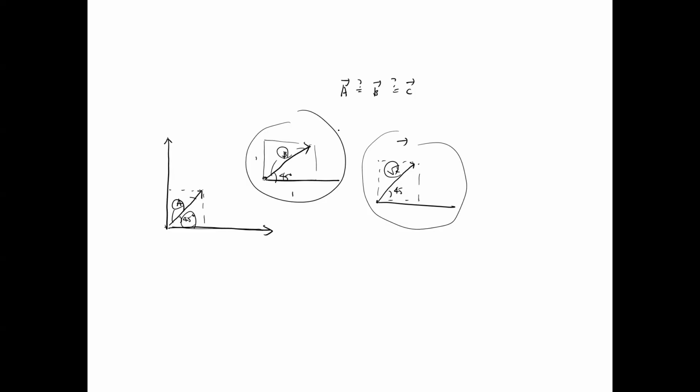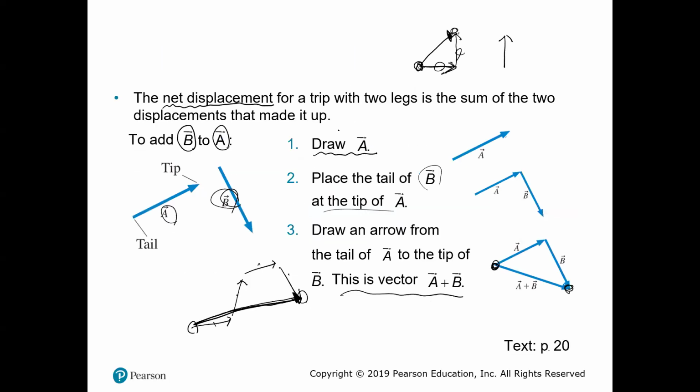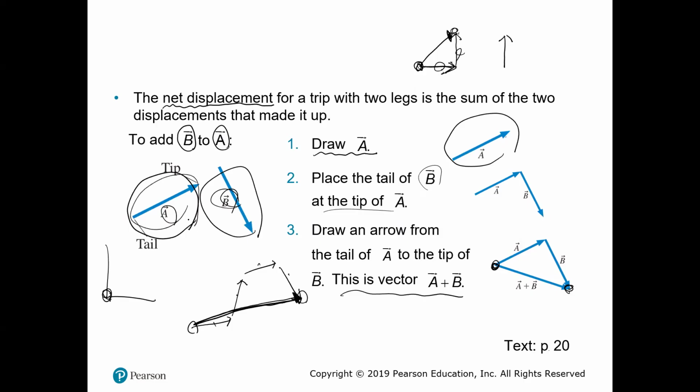Okay. So now you see this makes sense, right? Initially the A vector was here, the B vector is here. But now you draw your A vector here. Let's assume this is your coordinate system. Your origin is here. Your A vector was initially here. But now you can move your A vector to any location as long as it has the same length and the same angle from the horizontal line.